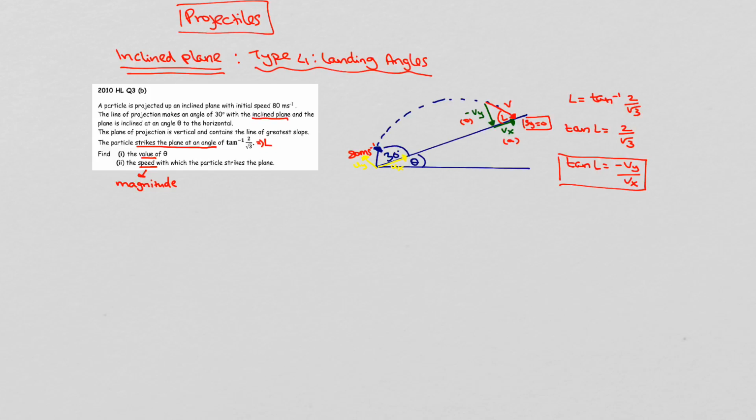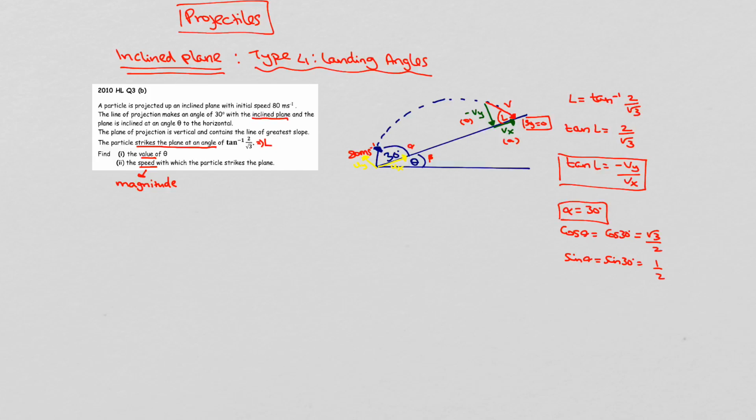So the second thing I'm going to write down before we start is the fact that this is our alpha and our beta normally. So therefore alpha is equal to 30 degrees. So cos 30 is equal to root 3 over 2, and sine alpha is sine 30, which is a half.